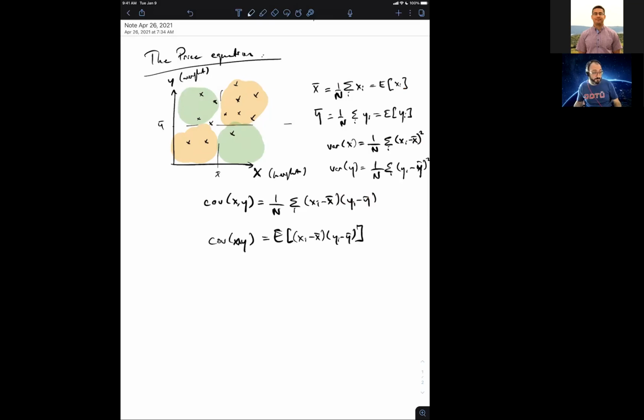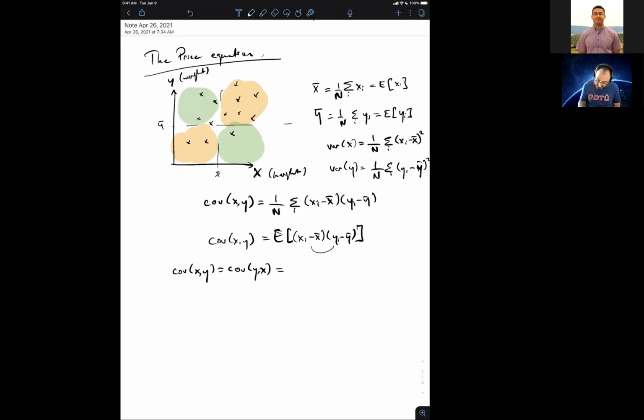Okay, and just to remind you, there's a bunch of useful relationships about the covariance. So for example, the covariance of X and Y is equal to the covariance of Y and X. It doesn't matter which order you write it, because you can just switch the order of this product and it's the same thing.